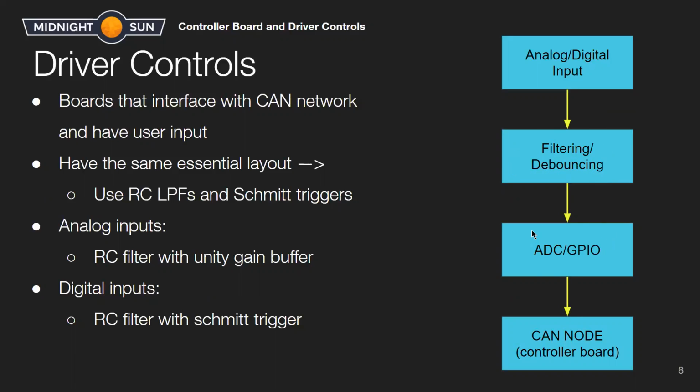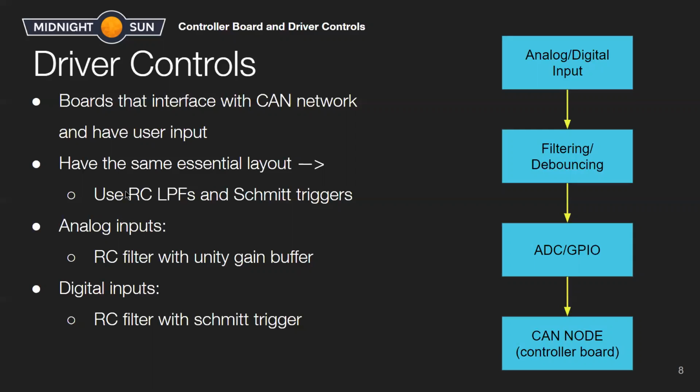And then all these signals enter a GPIO or go through an ADC: if it's an analog signal, an ADC, and usually a GPIO if it's digital. And then they go through our controller board and are communicated through the CAN node that the board is.